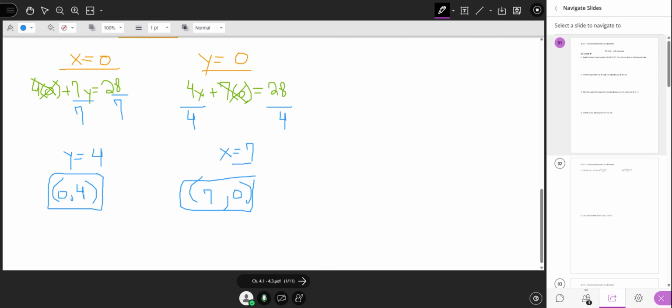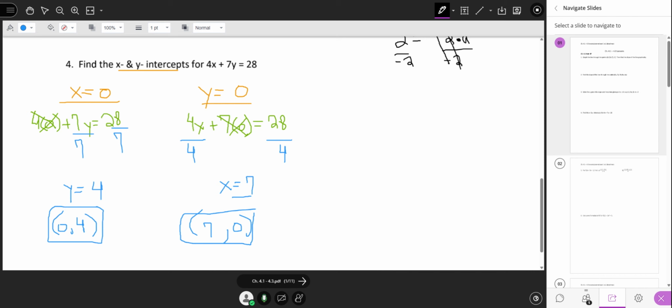I like this problem. And if you understood that as you plug in 0 for x, you could have shortcutted this problem right here and just written this part of it, ignored this part, and written 4x equals 28.